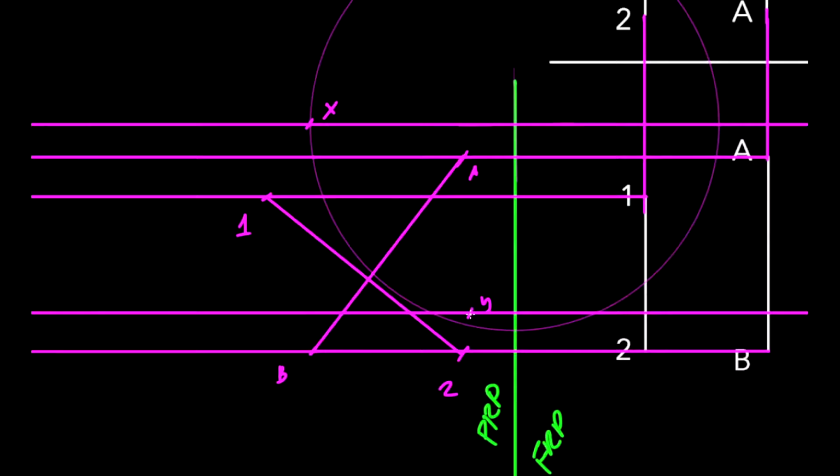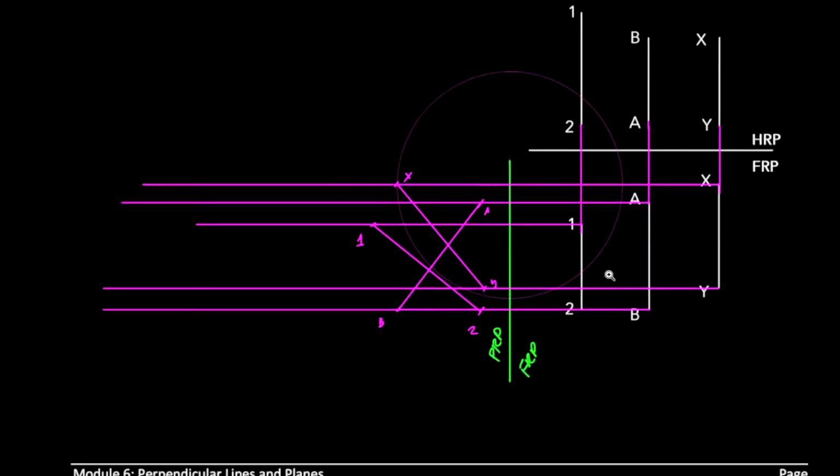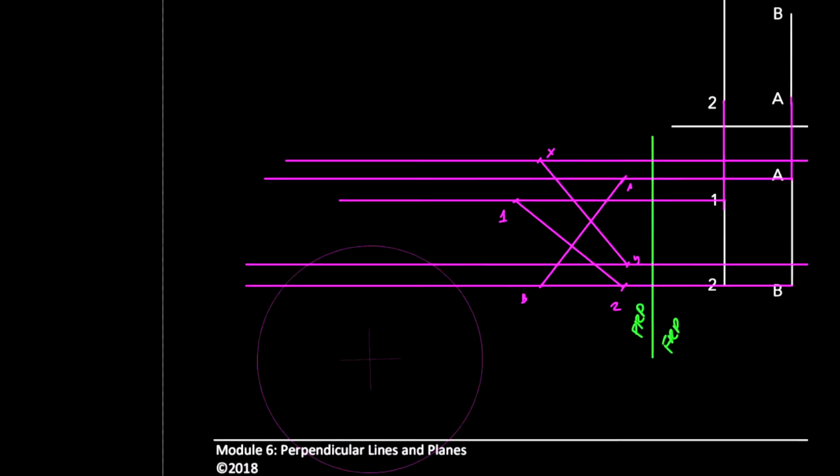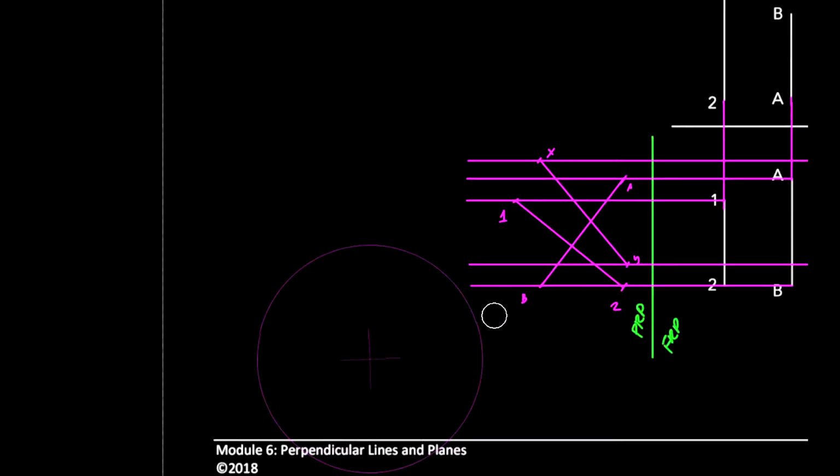X, Y. So based on this, we can see, and let me erase some of the projection lines. So we can say na, and let me darken the final answers.